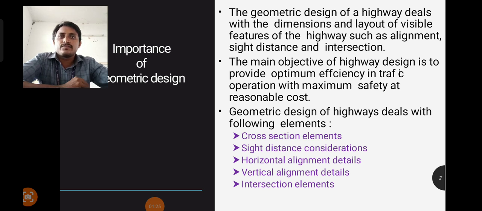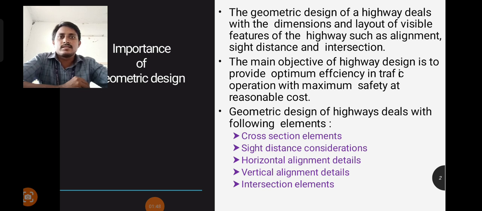Those all come under the category of dimensions of the road. And the layout of visible features: whatever the visible features on the highway, for example a vehicle moving on the road surface, the opposite vehicle must be a visible feature. If it is not visible, then automatically a collision happens.